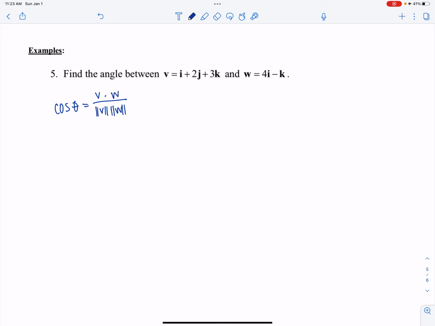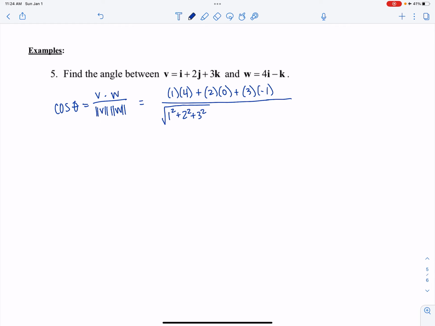So V dot W on the top will give us 1 times 4 plus 2 times 0 plus 3 times -1. On the bottom, we have the magnitude of V, so we have 1 squared plus 2 squared plus 3 squared, all under square root.